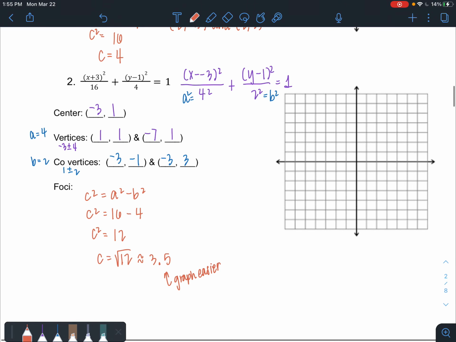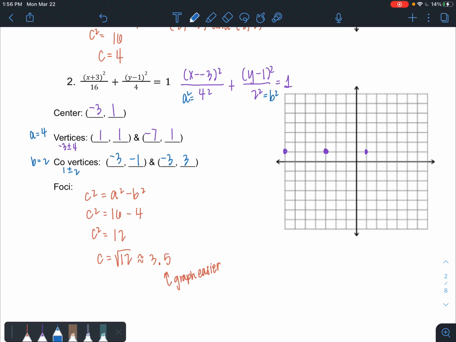All right, so let's go ahead and graph those points. Negative 3, 1, 1, 1, negative, oh, that's not the right one, 1, 1, negative 7, 1. You can see that these are 4 spaces away from each other, just like 4 there.